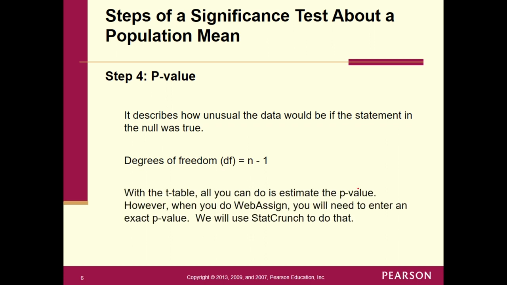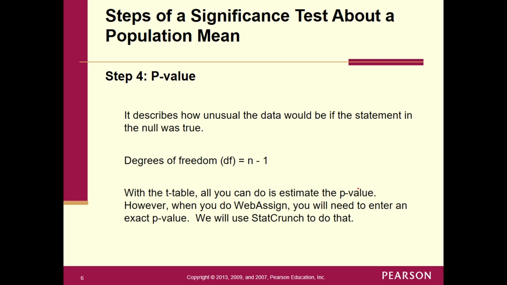Now, here's the thing. The t-table is just some highlights at every degree of freedom, so it's really hard to calculate an exact p-value from a t-table. All you can do is estimate the p-value using a t-table.